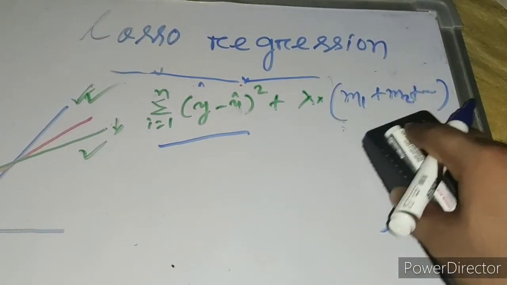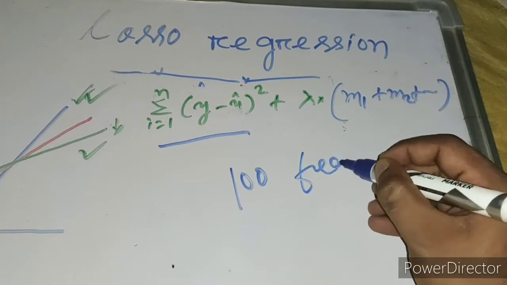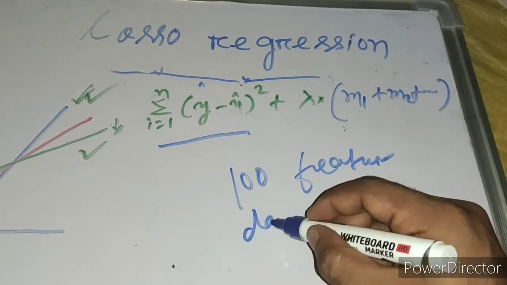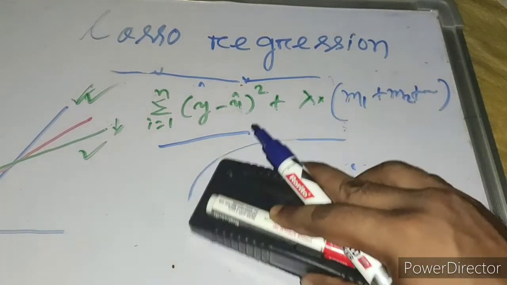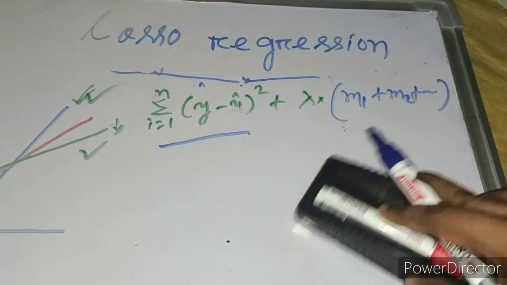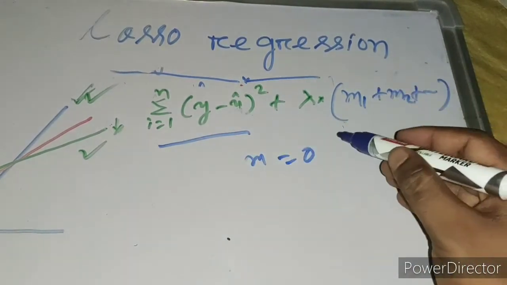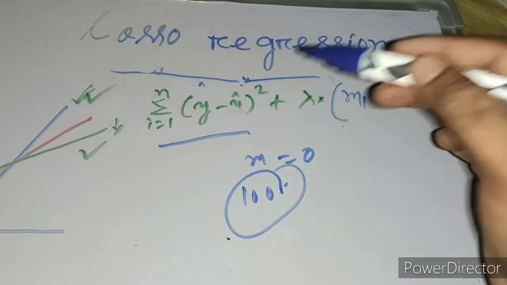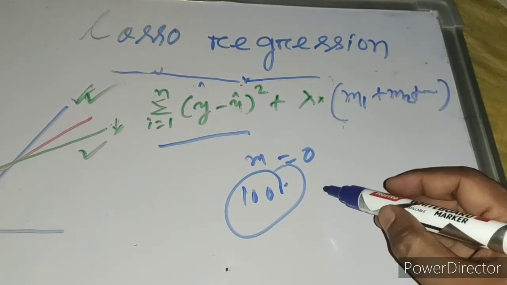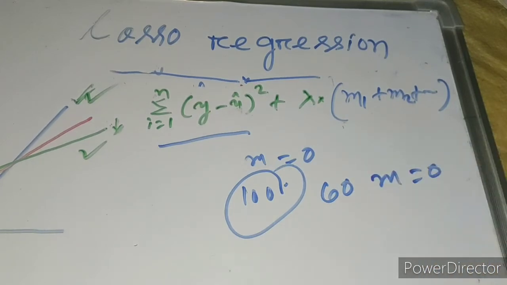Suppose there are 100 features present in a data set. We have to consider all the 100 features while using ridge regression. But in lasso regression, what happens? Here the m value reduces, and if the m value reduces, it turns to 0. Suppose out of 100 features, there are some 60 features for which the m value is equal to 0.